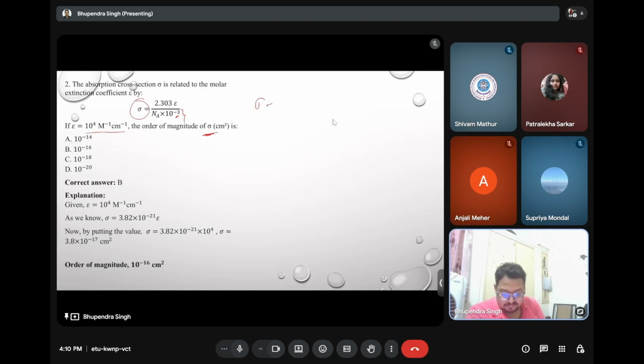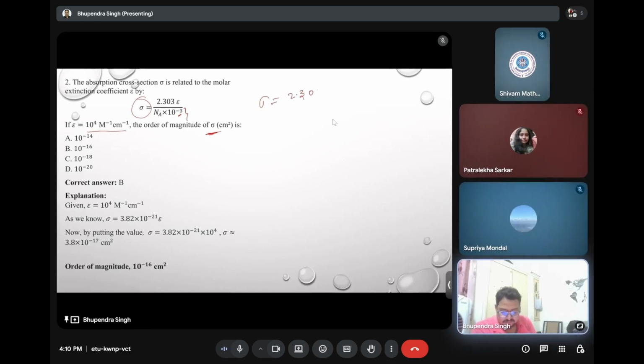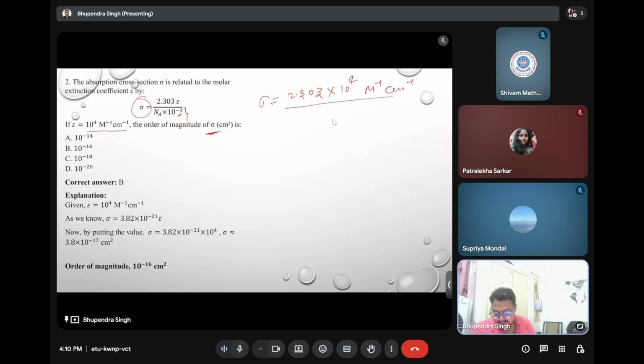So sigma equals 2.303 times epsilon, which is 10^4 mole^-1 centimeter^-1, divided by Na. Na you know, 6.022 × 10^23, times 10^-3.